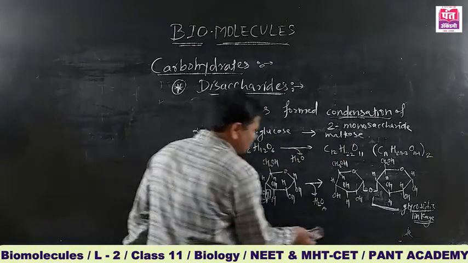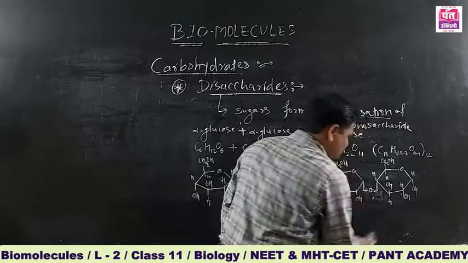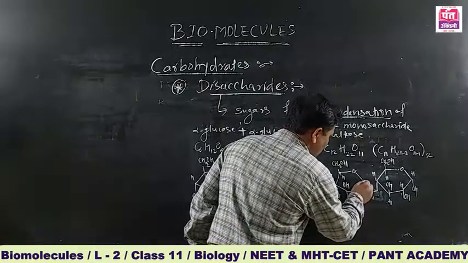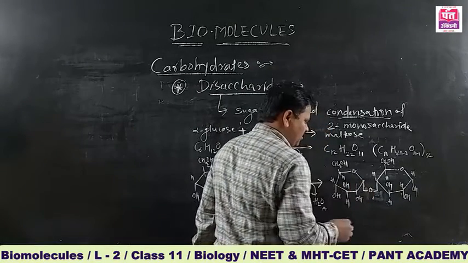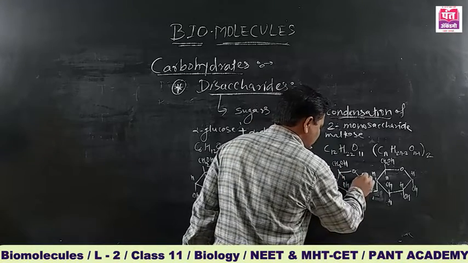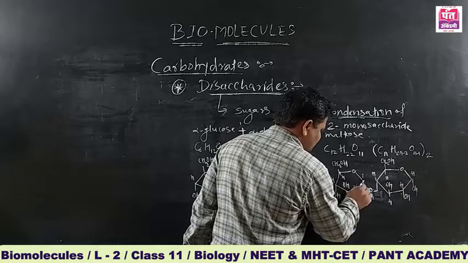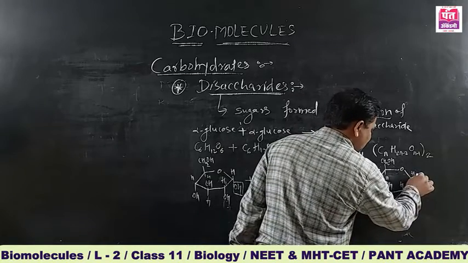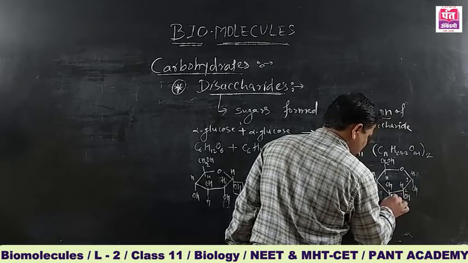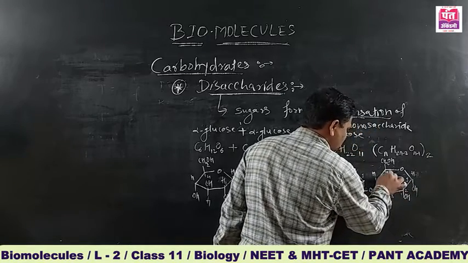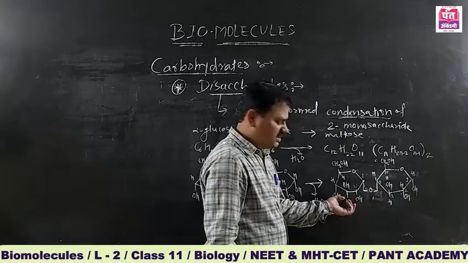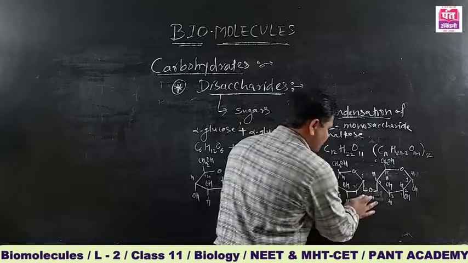So what is the other aspect of the formation of a glycosidic linkage? This glycosidic linkage involves two different carbon atoms. When we give numbering to the carbon atoms, it is the first carbon atom, second carbon atom, third, fourth, fifth and sixth, like this. The same numbering you can apply for the other glucose as well.